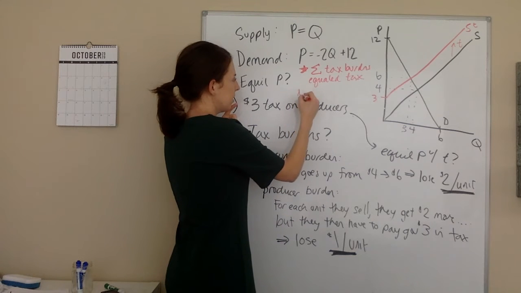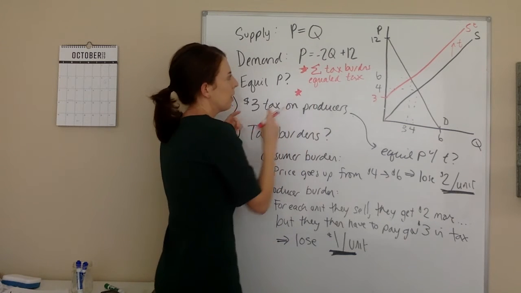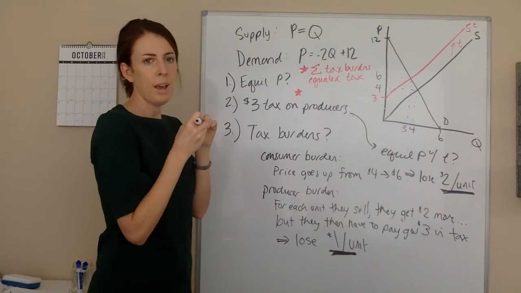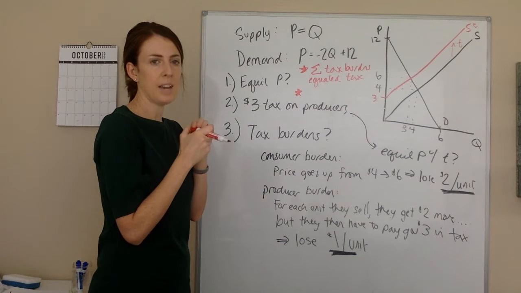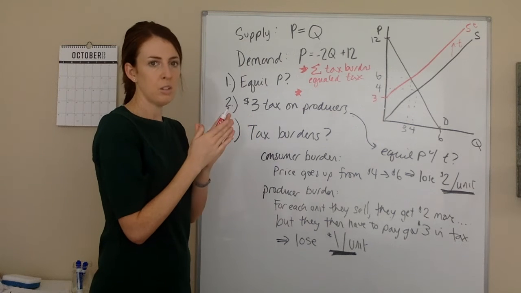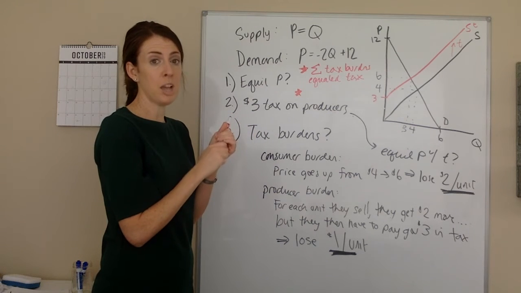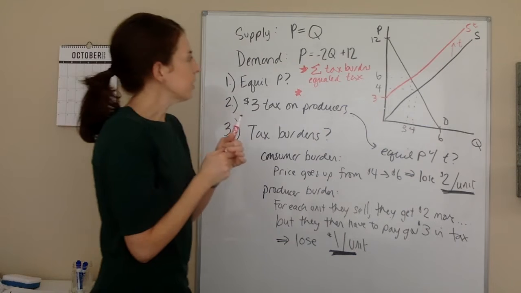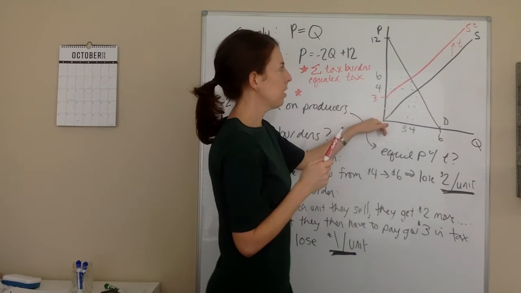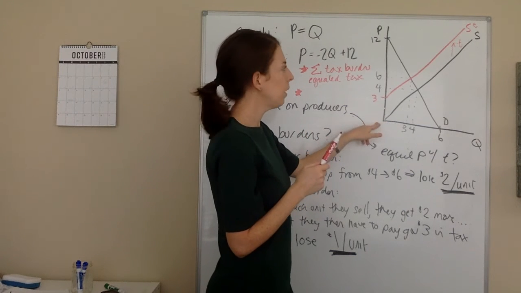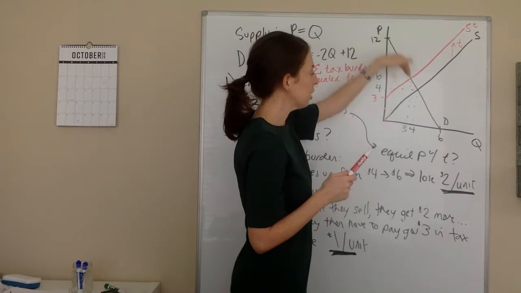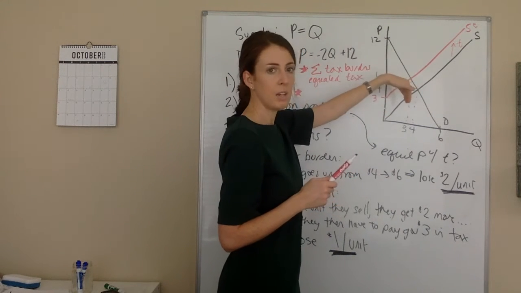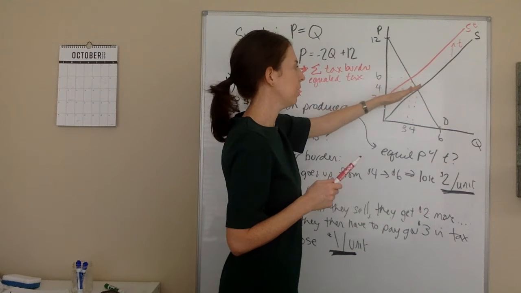Okay, the second thing to note, so second star, is that we had a feature that said whichever side of the market has a more inelastic curve is going to be the side of the market that has the bigger tax burden. Let's just look at the picture and think about which side of the market is more inelastic. Well, the demand curve is steeper. It had a slope of -2, whereas the supply curve had a slope of 1.